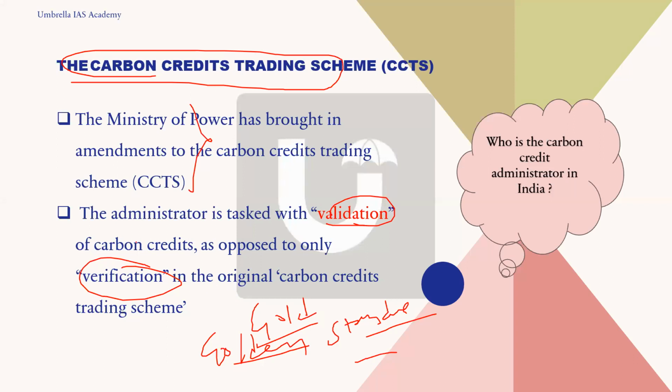Fine. And who is the administrator according to this carbon credit trading scheme? Which is the authority in India which decides on these carbon offsets or carbon credits? Who is the carbon credit administrator in India?